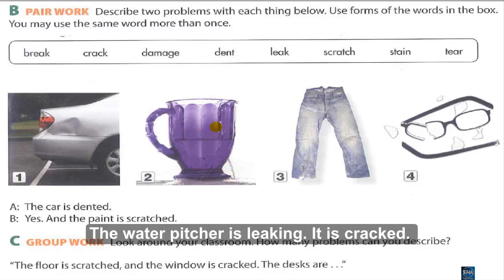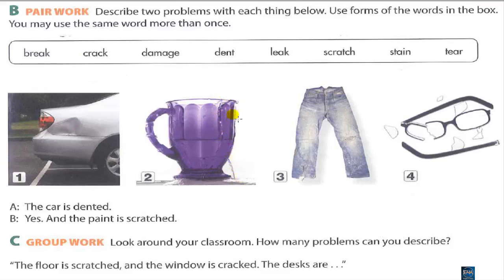Another thing also, I could say that of course it's cracked. Cracked. This is a crack. So it's leaking and it's cracked.